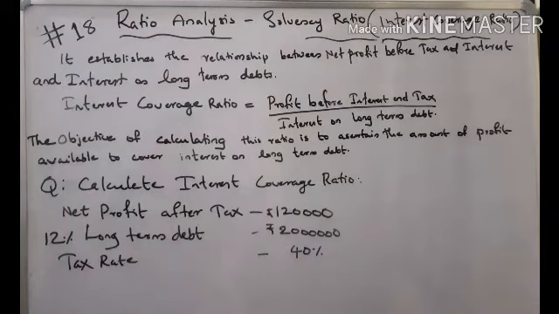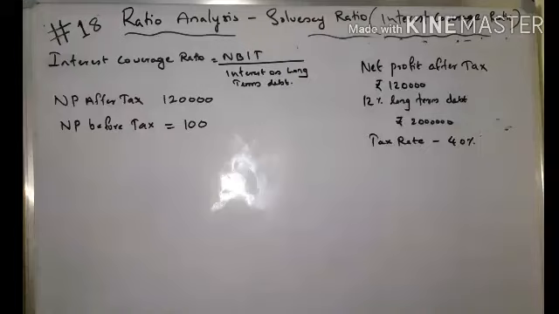For calculating the interest, the long-term debt percentage is given, 12%, which means the rate of interest is 12%. So from that we can calculate interest. Then the tax rate 40% is given, so from that hint we can calculate the actual net profit before tax.